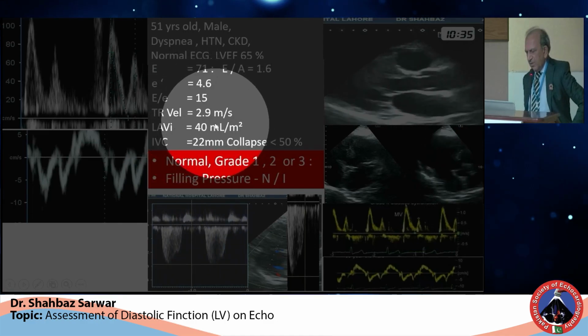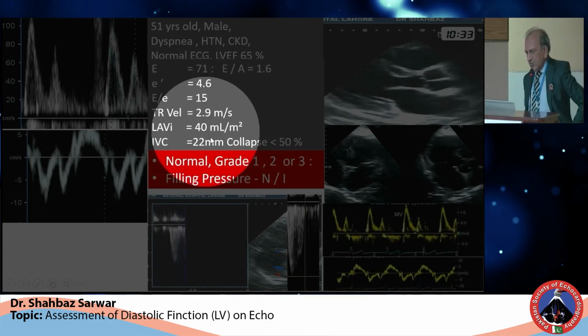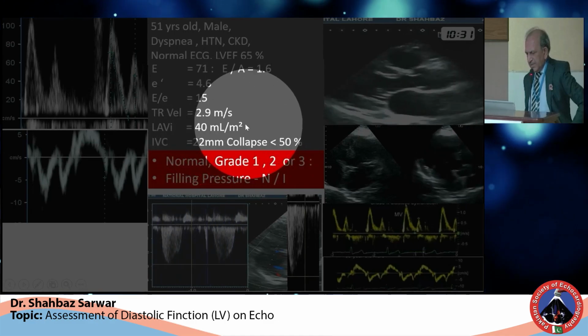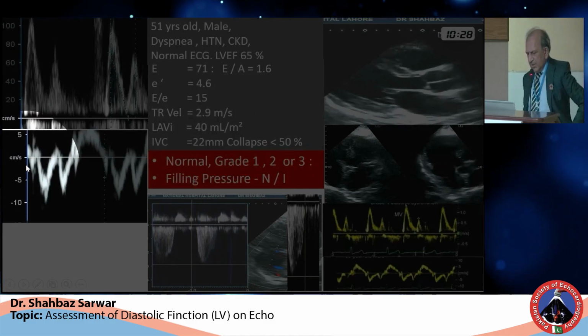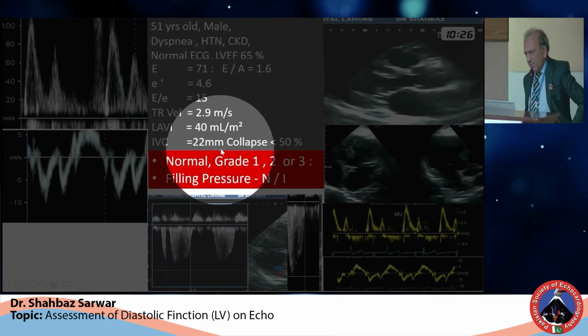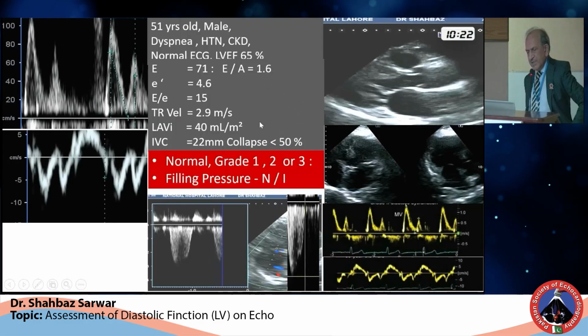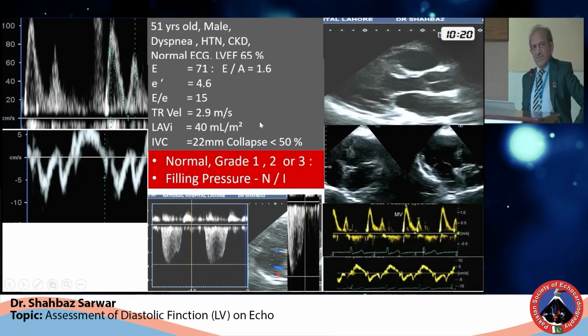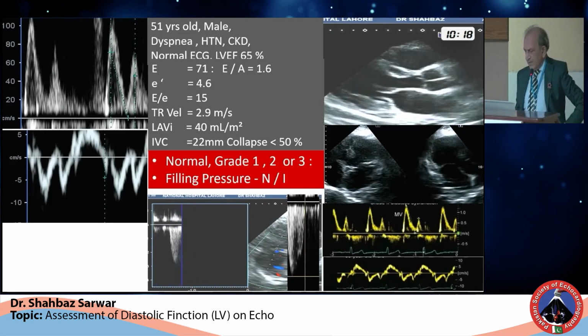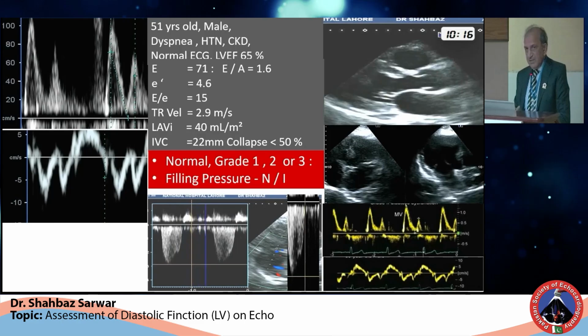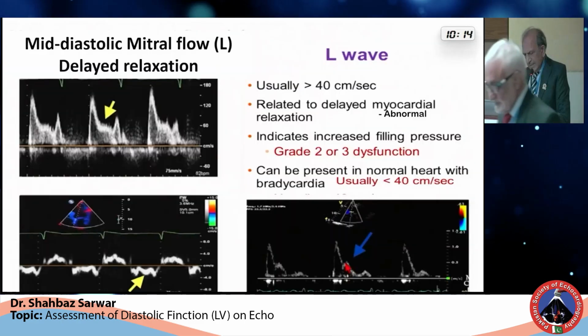LAVI is abnormal. IVC is 22, collapse less than 50%. So see here, what is he? Normal, grade 1, 2 or 3, and filling pressure is normal or increased? And filling pressures? Correct. So now you can easily comment on all these things.